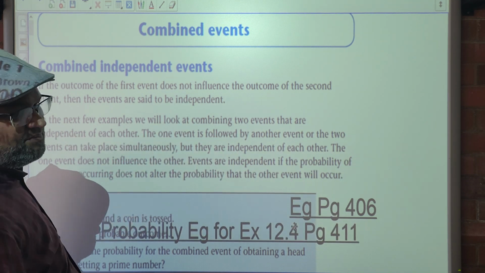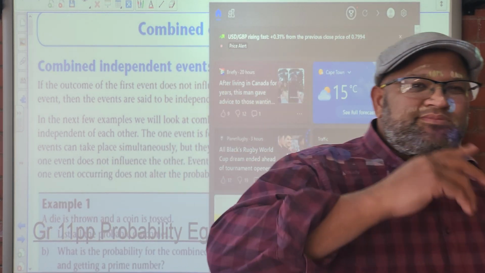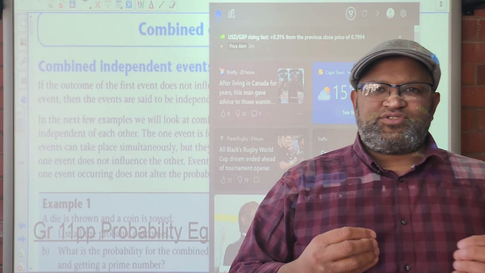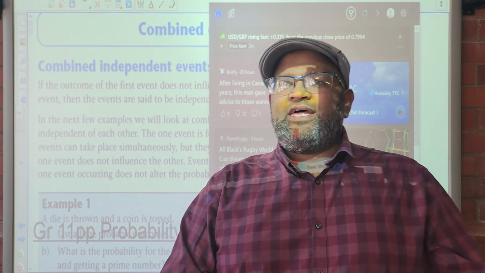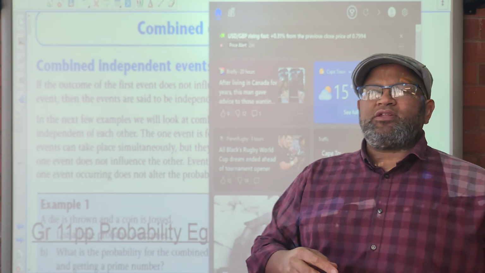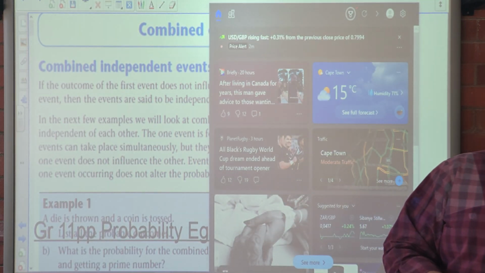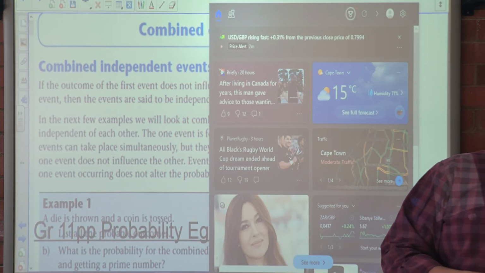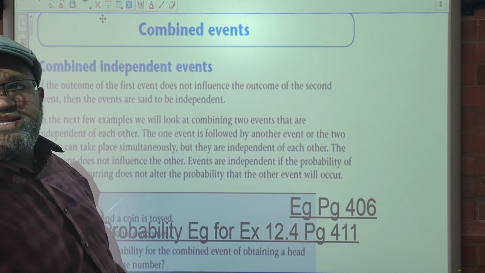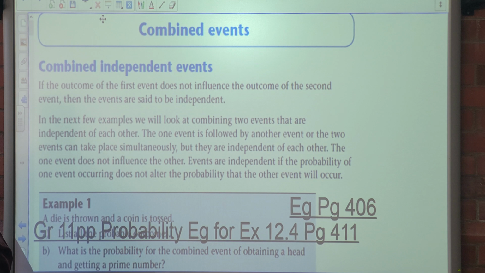Okay, so an example of that would be if I have a pack of cards and I draw a card out of that pack. However, I do not replace the card. That means my second card is dependent on whatever I draw in the first draw.